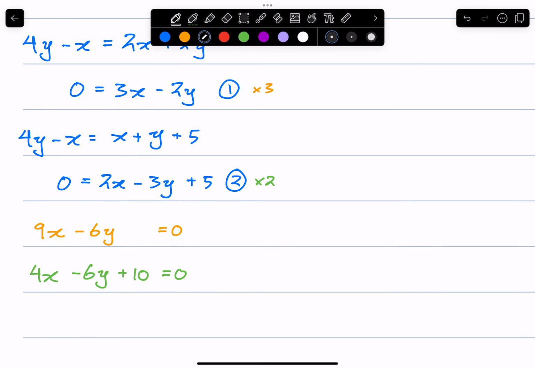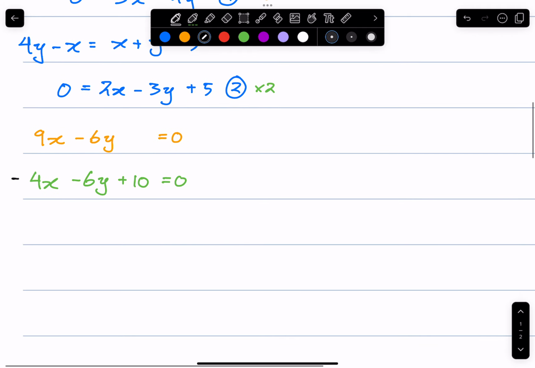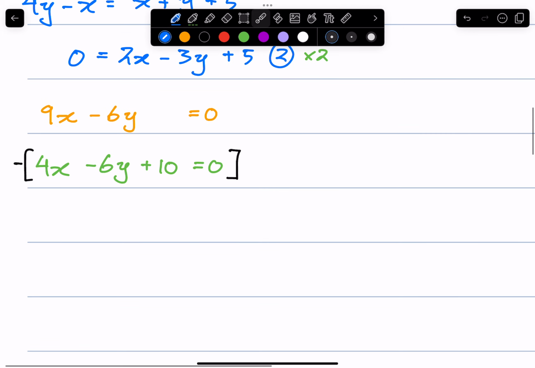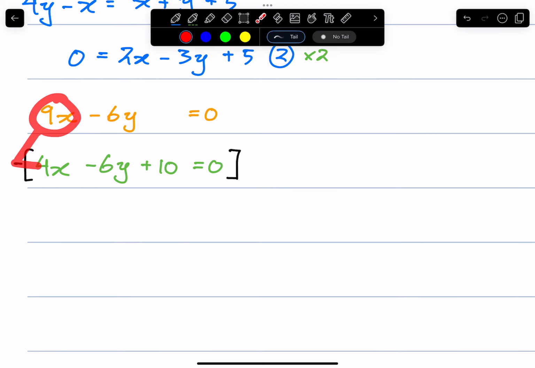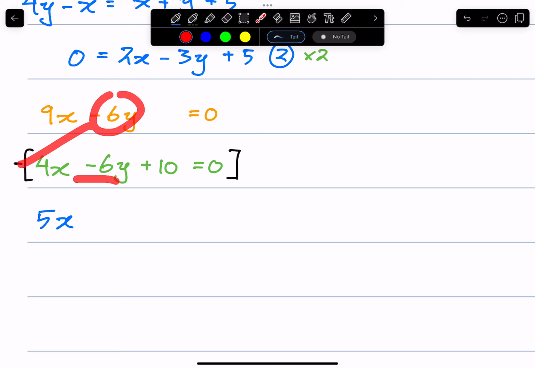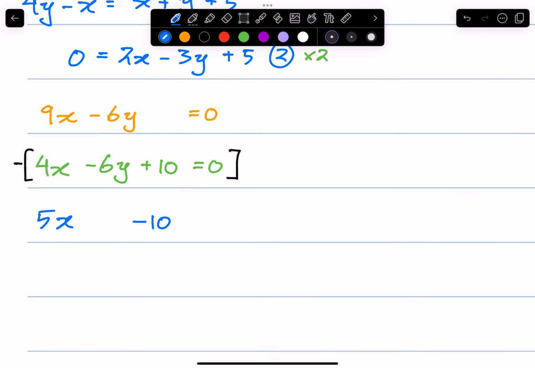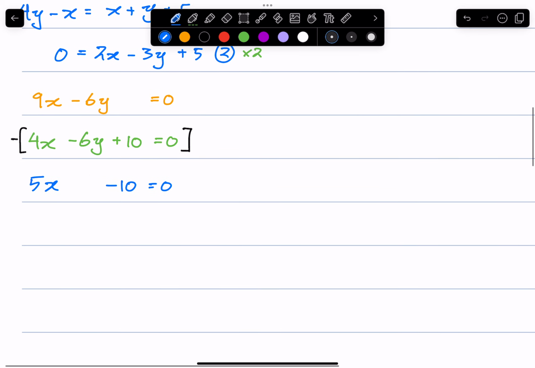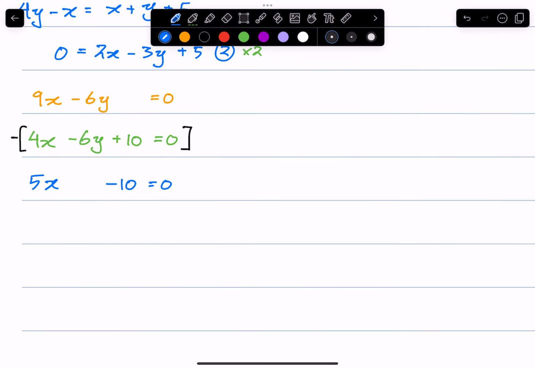From here, I hope you can see that there's an elimination of y, and now we can simply do elimination. 9 minus 4 gives us 5x. Negative 6 minus 6 gives us 0. 0 minus 10 gives us minus 10. And that's all equal to 0. From here, I hope you can see that x must equal 2.